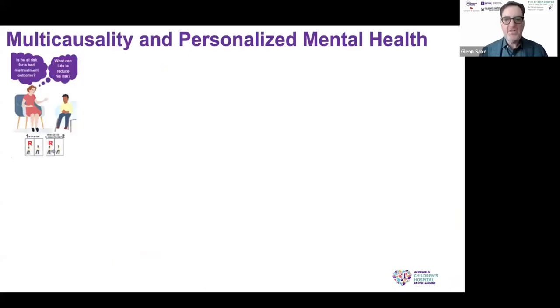But this also is the justification for why we need to be personalized, why we can't have an intervention that's the same for everyone with a diagnosis, because people are complex and their complexity is causal. That's why they're complex.